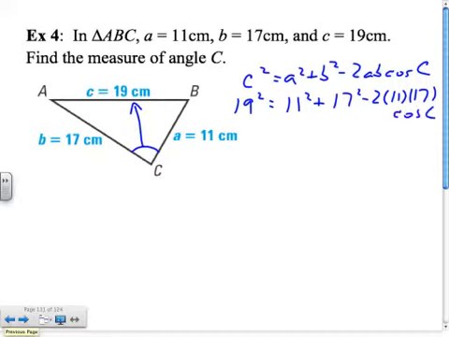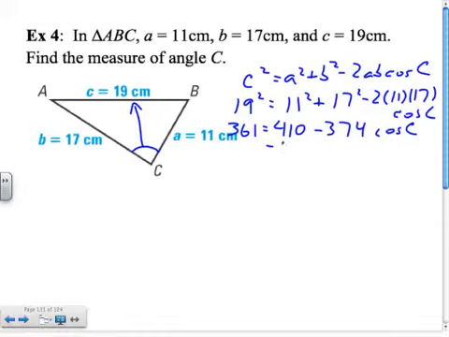I have 19 squared, which is 361. 11 squared plus 17 squared equals 410, minus 2 times 11 times 17 is 374 cosine C. I'm going quickly, I know, because I just want to get this video done here in a second.